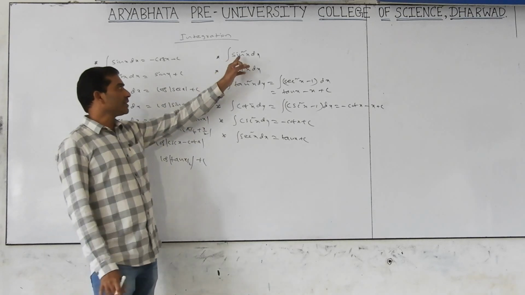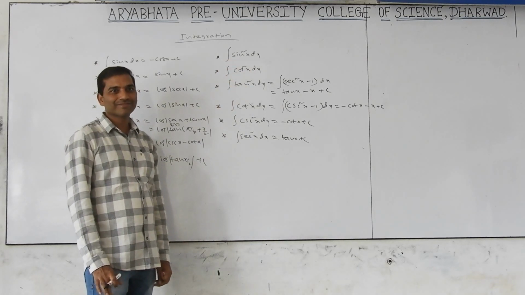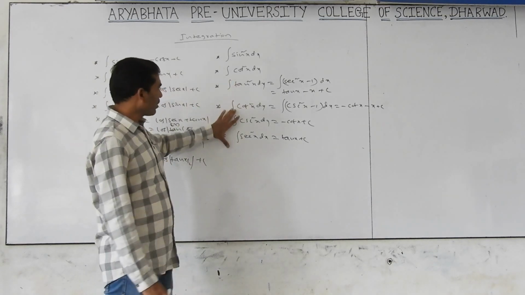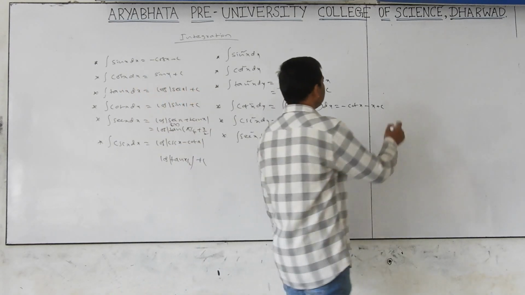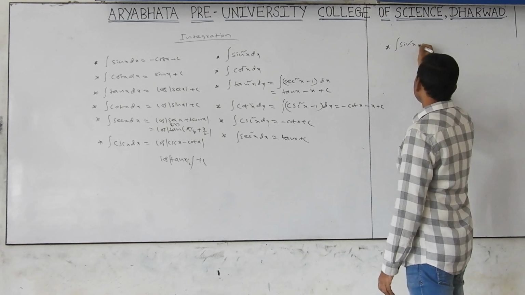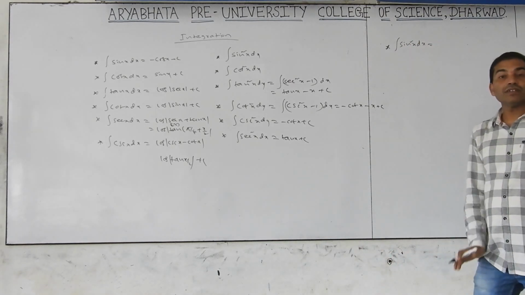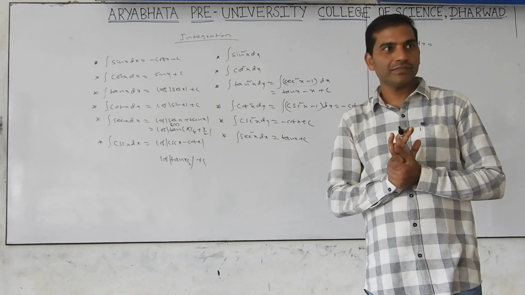Now let's discuss sin square x and cos square x. All four we got except these. Integration of sin square x is most important. Tell me the way of finding it.